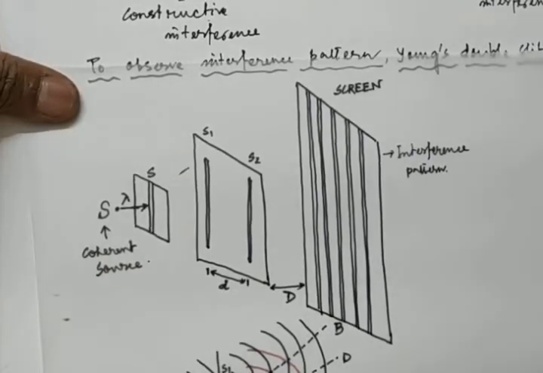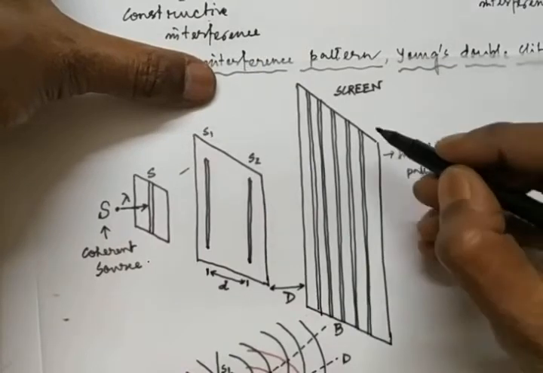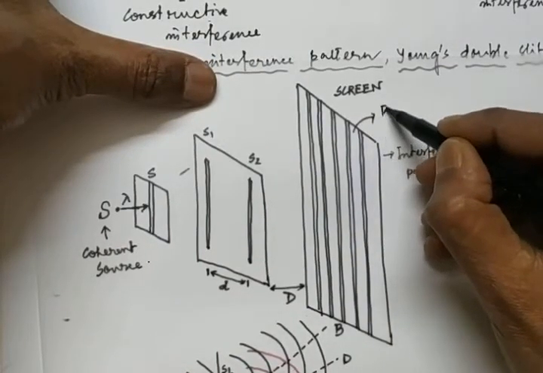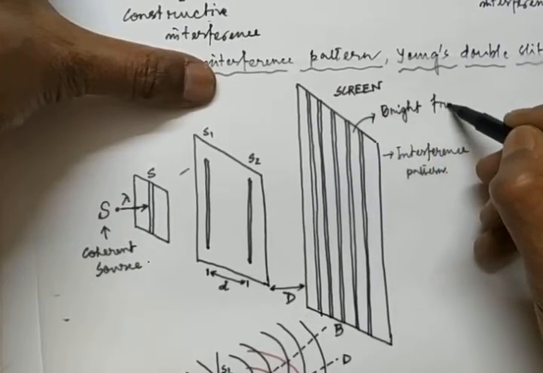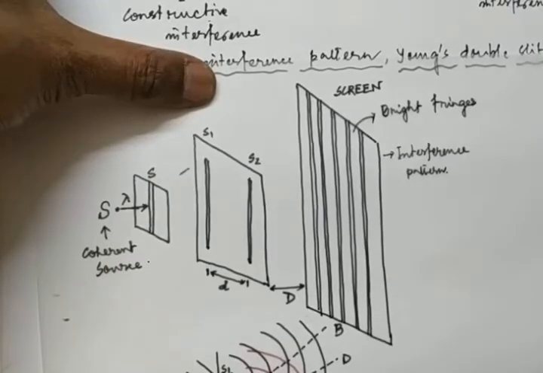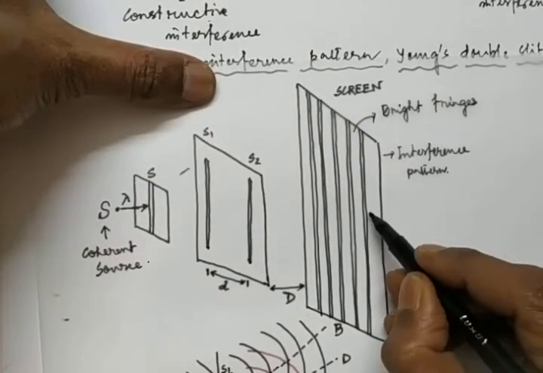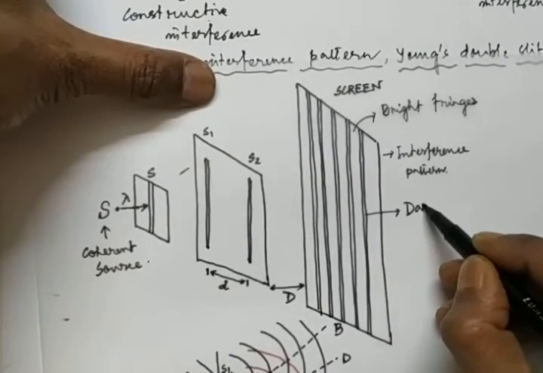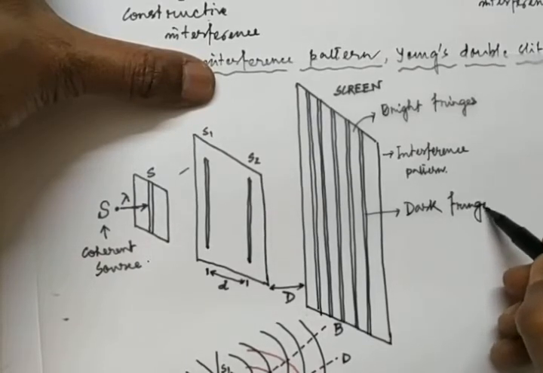Remember this one, okay? And the white bands which are obtained on the screen are called white or bright fringes. Bright fringes. Okay? And the dark spots which are obtained on that screen are called dark fringes. Dark fringes.